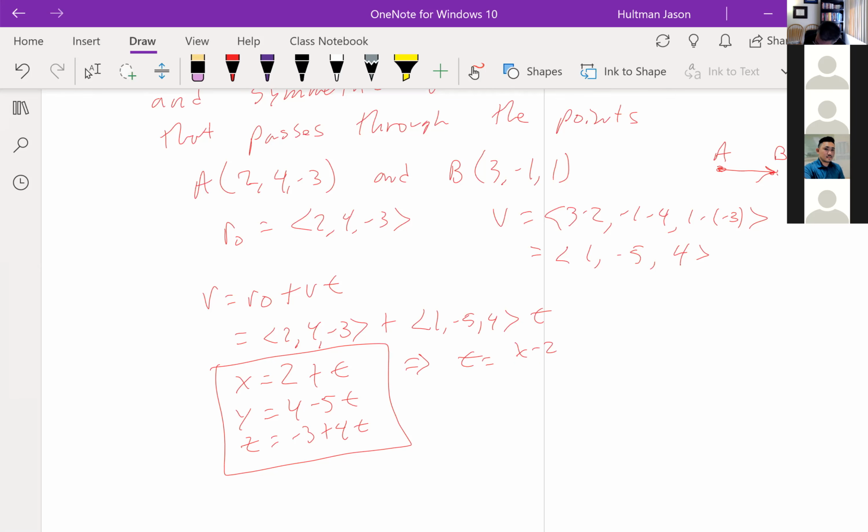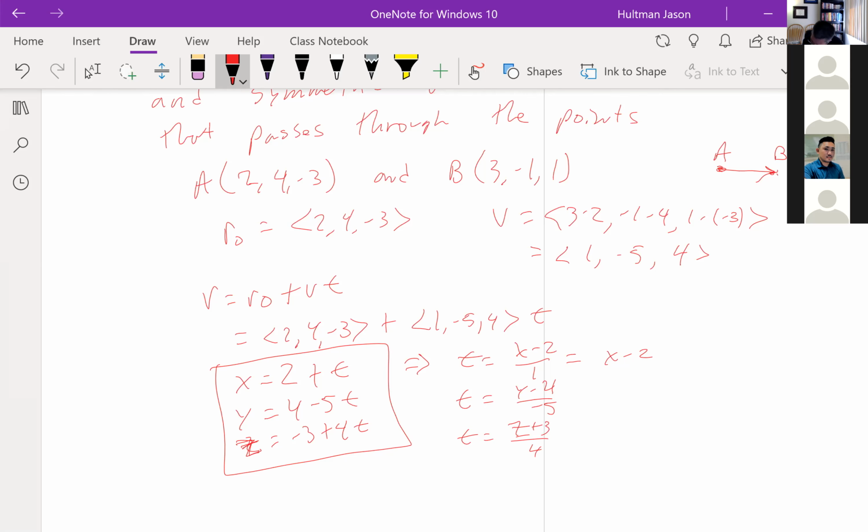This one is y minus 4 over negative 5, and this one is z plus 3 over 4.